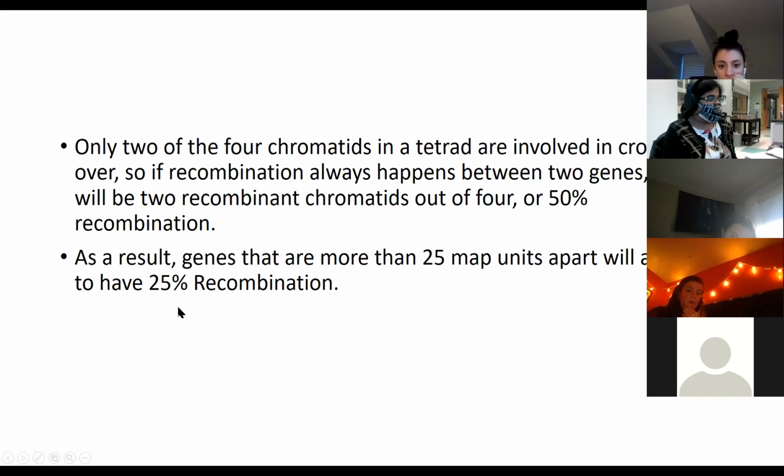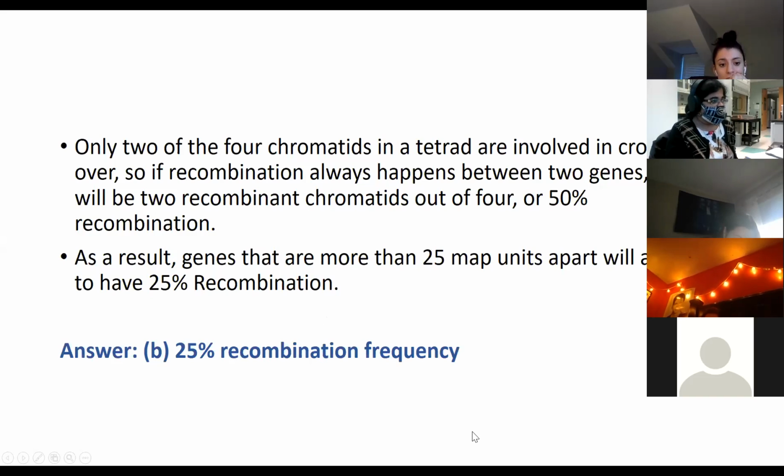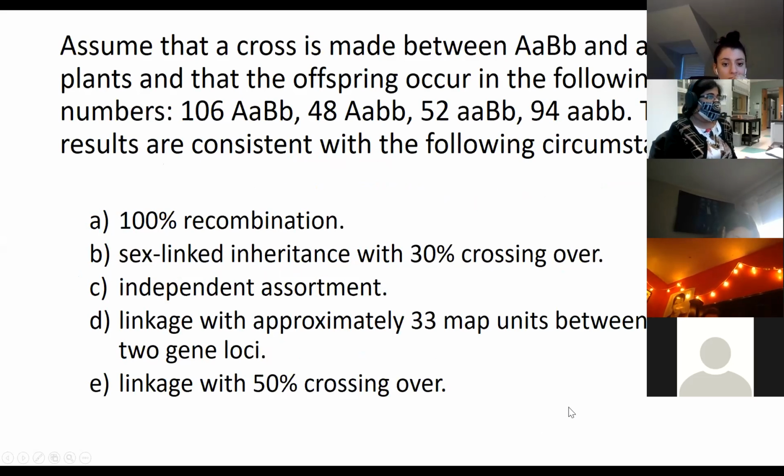Essentially it says that it has 25% recombination, because the distance itself tells you how much recombination occurs. So those genes are 25% recombination. This is another question that overviews everything we just covered.